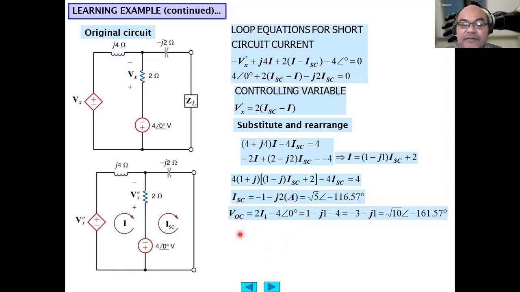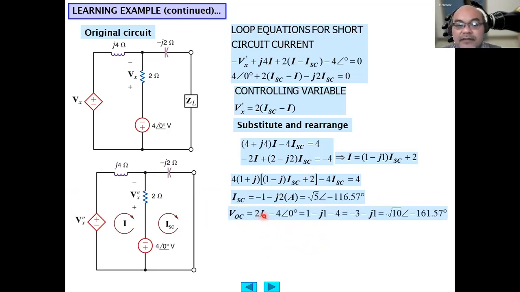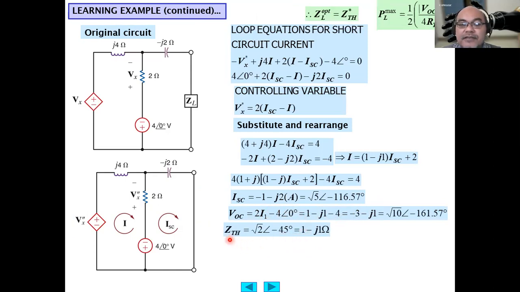Then the open circuit voltage is from the previous slide: this value, minus 2I1 minus 4 volt. So from here we obtain ZTH equals VOC divided by ISC.